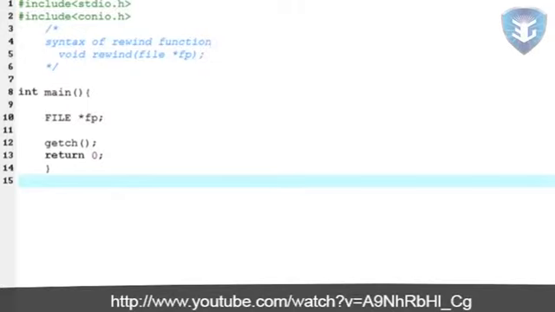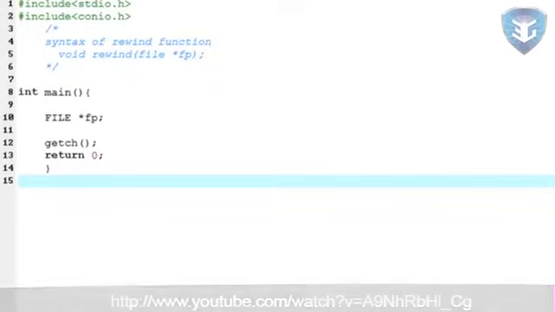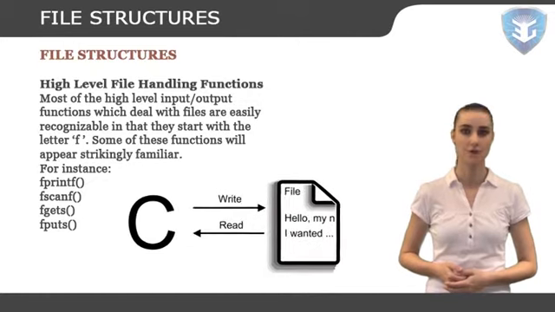When we open a file in read or write mode using the fopen function, the file position indicator will be at the beginning. If we are opening the file in appending mode, which is a or a+, then the file position indicator will be at the end of the file.